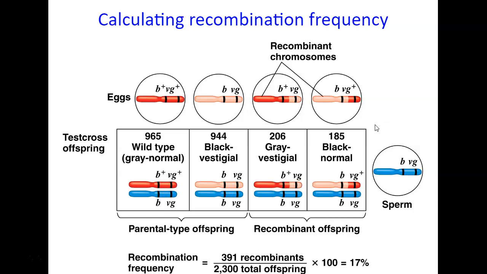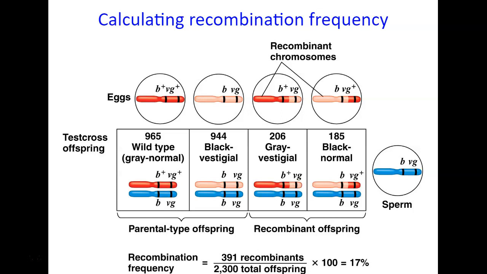In this case, there were 391 recombinant offspring, adding the two types together, out of a total of 2,300 offspring, which yields 17%. So the recombination frequency is 17%.